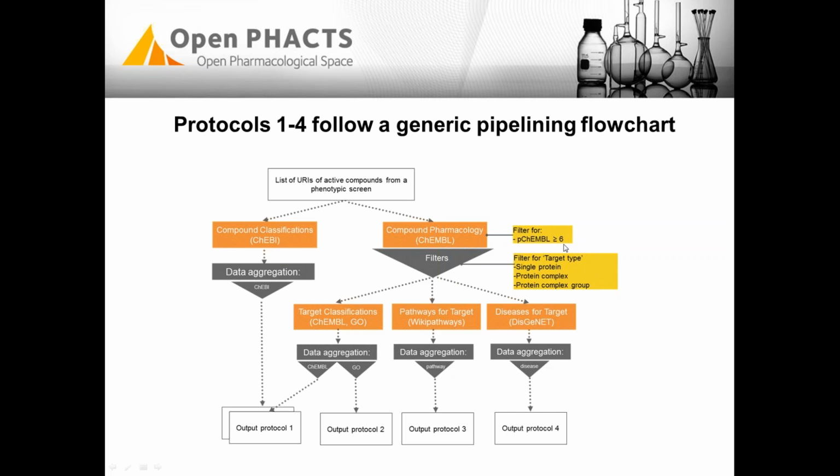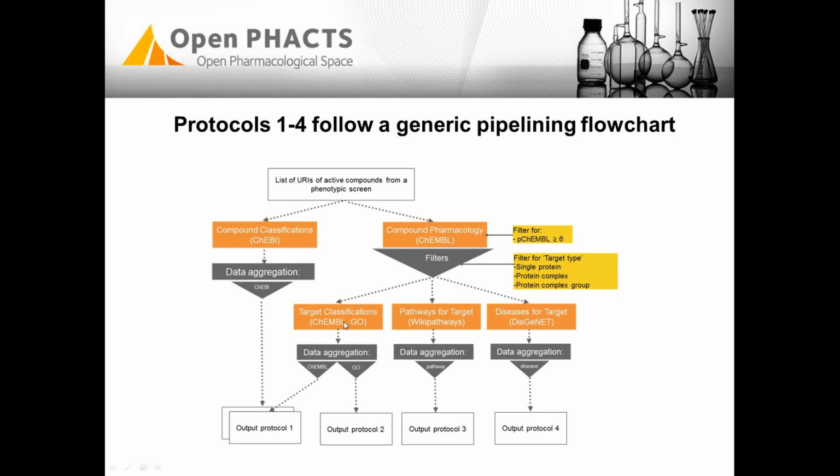You apply some filters on the pChEMBL value, which is a generalized potency value. You filter on the target type. In the 2.0 implementation, we use the ChEMBL target confidence score of 9, which means the target is really characterized at the molecular level for specific proteins.